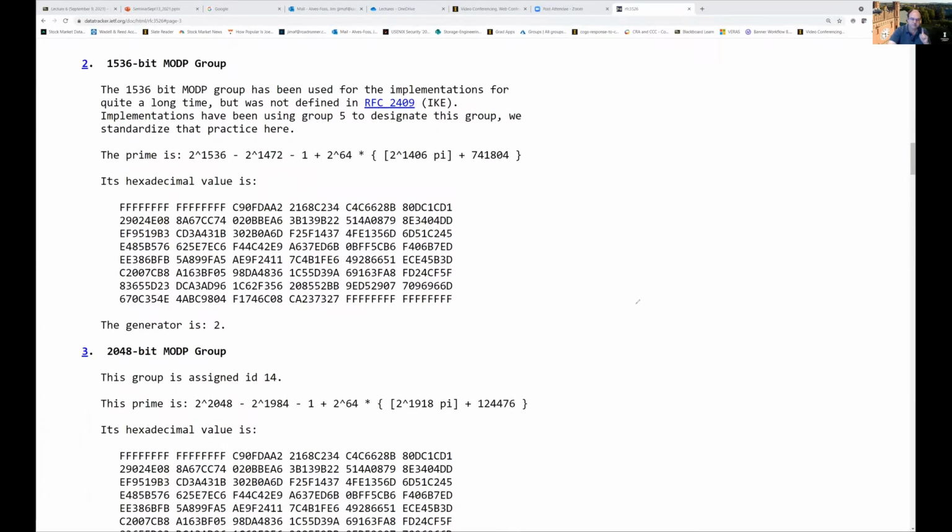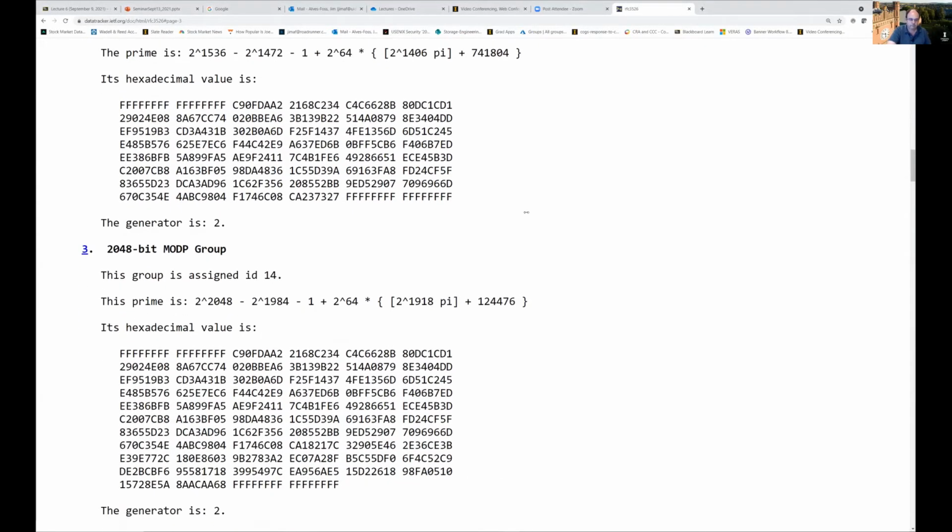So this is part of one of the Internet Engineering Task Force standards. This is the hex value of the prime. So this is a 1,536-bit group. The generator is 2. That's the nice thing. The generator is really simple. But in this group, and in the next group, group 2048 bits, the primes are really big numbers, and they calculate them using this.